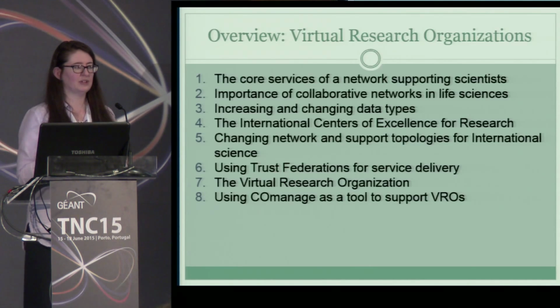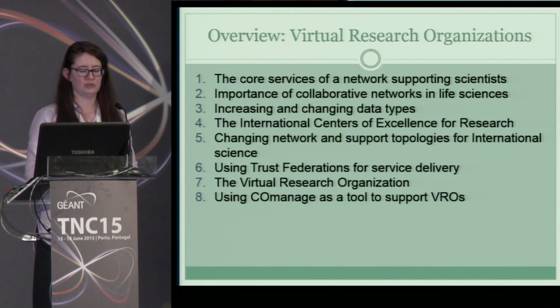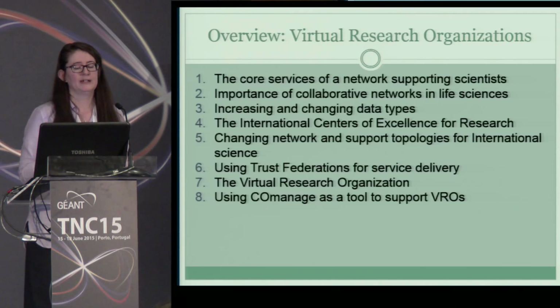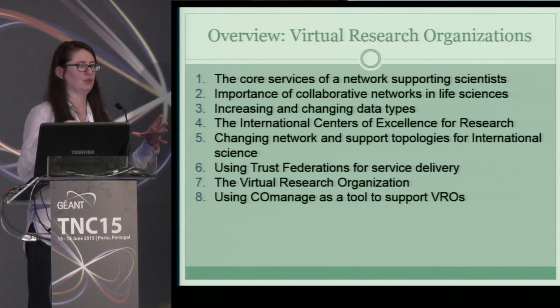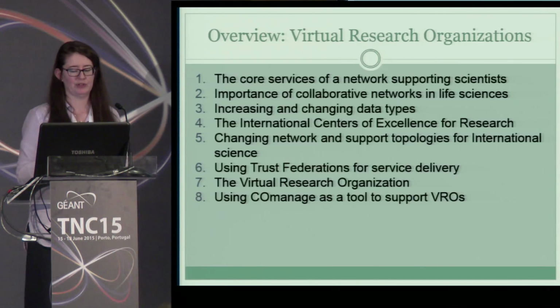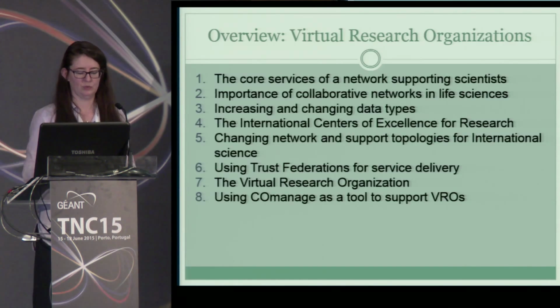They've found a lot of explosion in the data types that they need to actually support. And they have these clearinghouse centers of where the research does tend to focus. All of this is, over the last 20 years, seriously been changing the face of how research happens in the world.